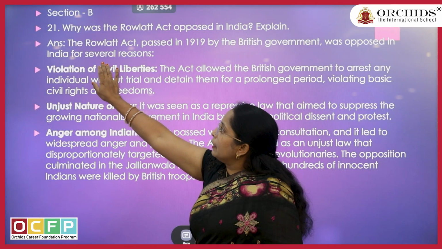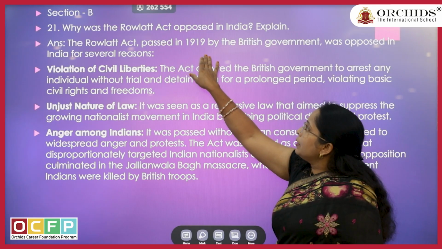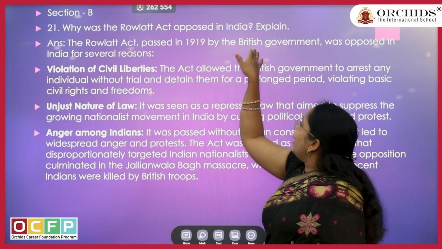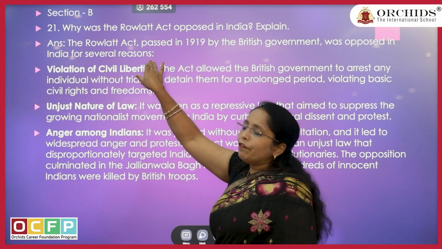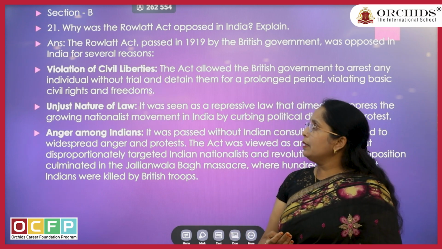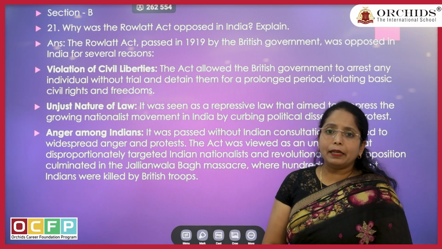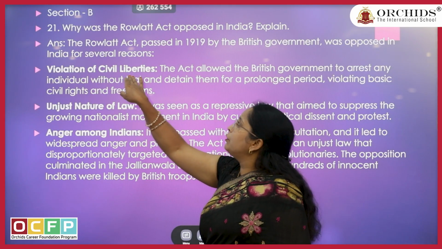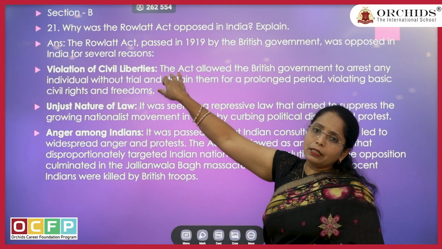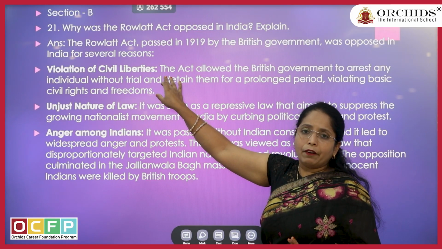See, the answer is: the Rowlatt Act passed in 1919 by the British government was opposed in India for several reasons. What are the reasons why the people of India did not accept the Rowlatt Act? First one is it was a violation of civil liberties. What are civil liberties? You are aware of that, already you have studied.